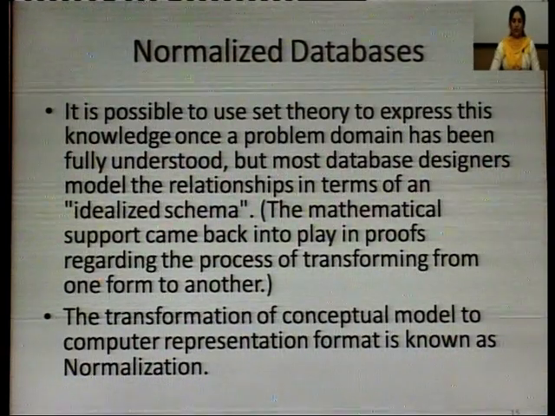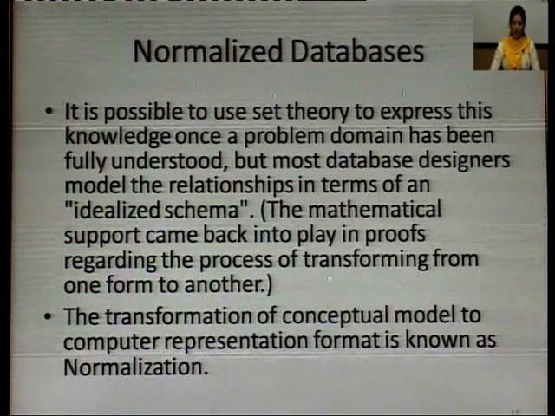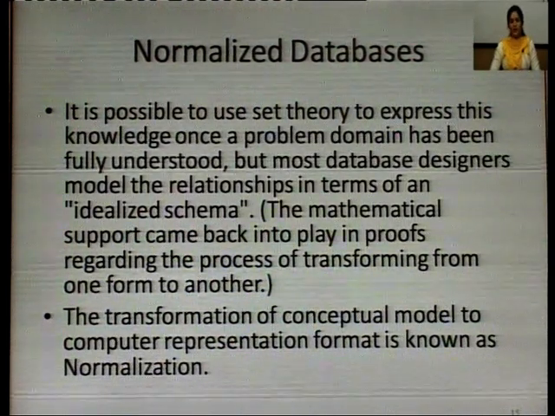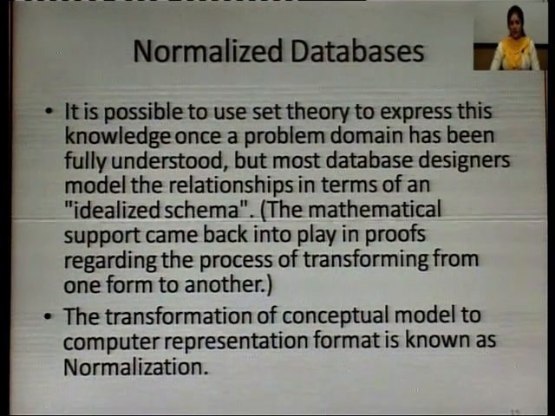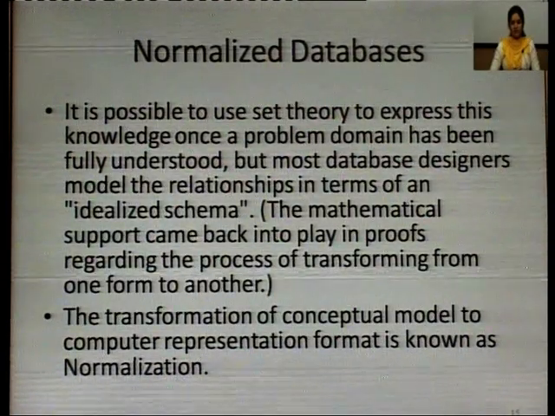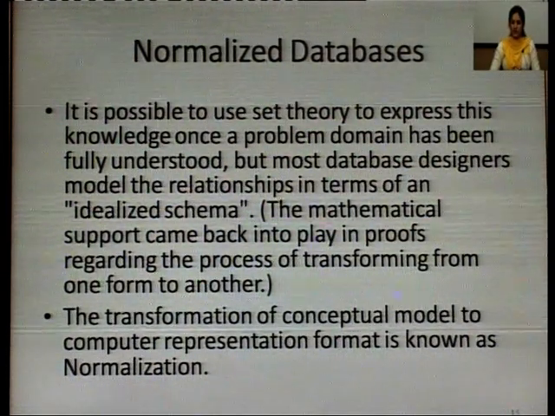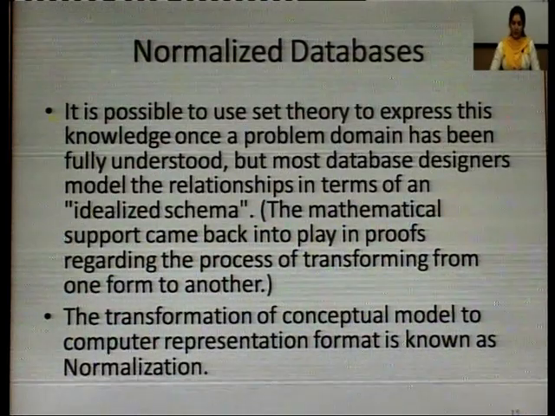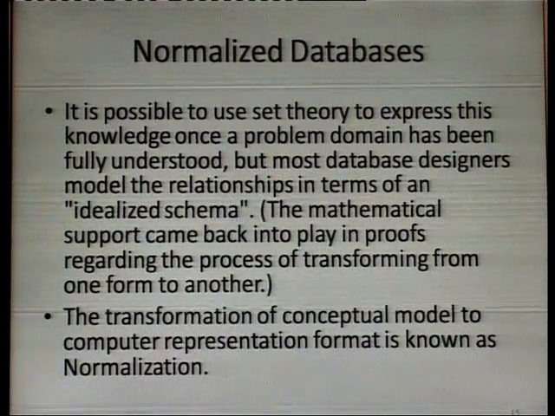You may relate a complete relation with another relation, and you may have one or two attributes which are related to each other as well. So, this transformation of a conceptual model to a computer representation format is known as normalization. Whenever you are using normalization, you will be transforming the information designed in the ER model to the relational database management system, which is in the form of tables. This transformation is known as normalization.